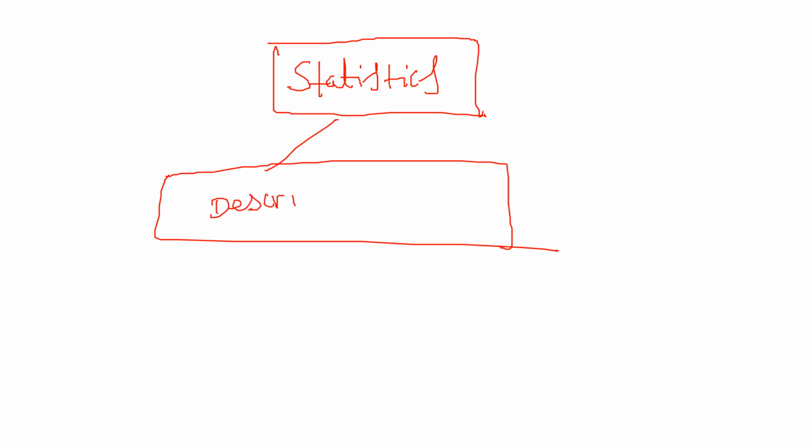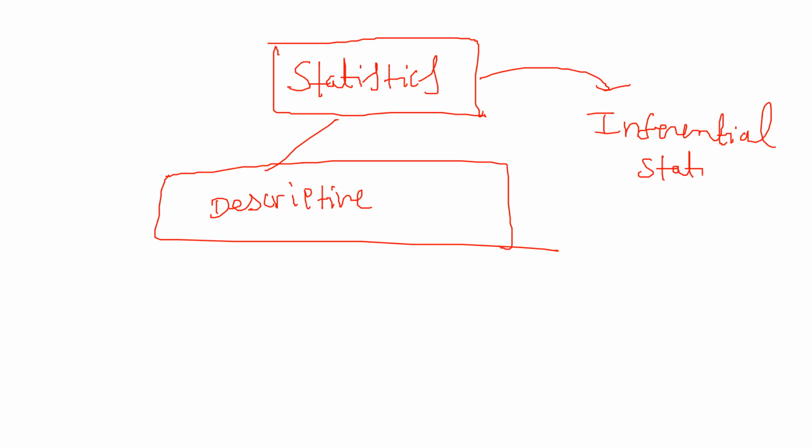One is descriptive and another is inferential. Descriptive statistics summarizes data, while inferential statistics analyzes data to make prediction and conclusions.